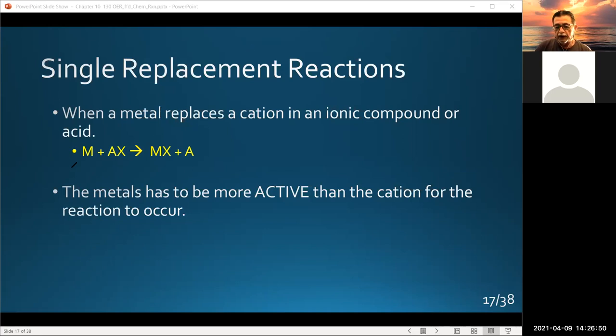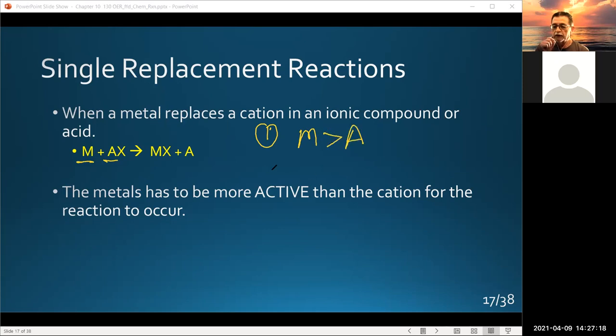If we look at this reaction and we compare the metal M and A, and we look at the activity series and determine which is more reactive. When we do that, step number 1, we determine which metal is more reactive, regardless of whether it's in ionic or elemental form. And we determine that M is more reactive than A.